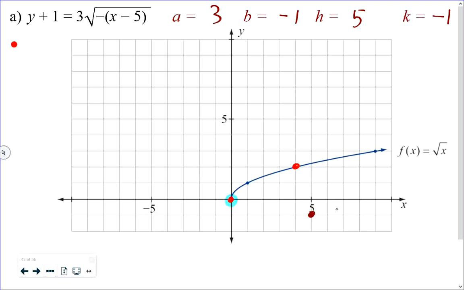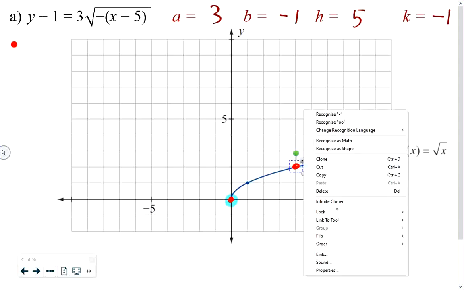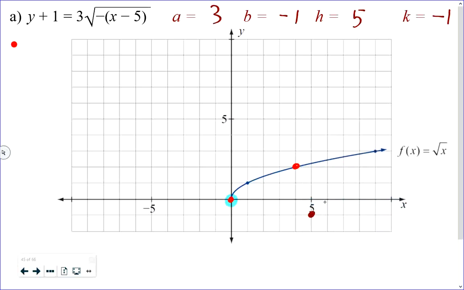I think all we need to do is one more key point. And the other key point I'm going to use happens to be underneath this, because that graph does pass through 4, 2.